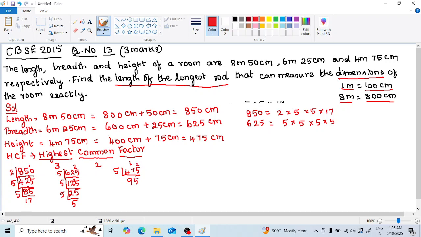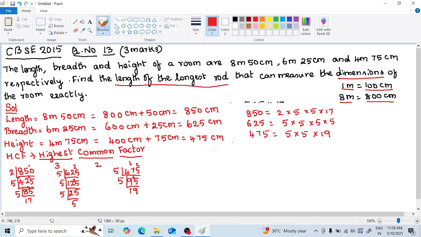So 5 fives are 25. Again 5, 9 fives are 45. So factorizing, we will get 475 can be written as 5 into 5 into 19.